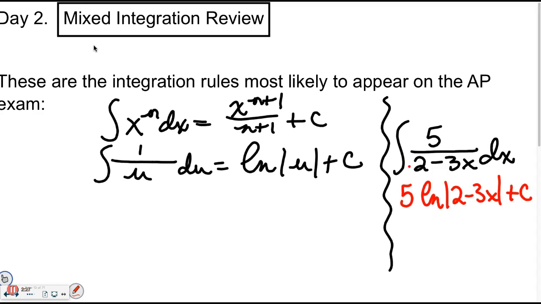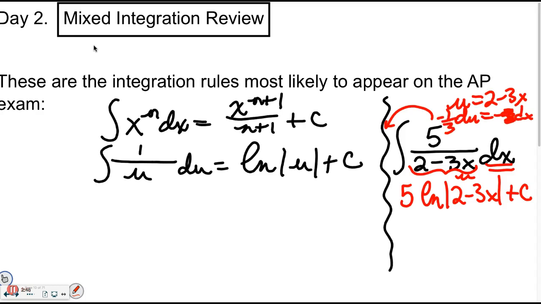Remember, if this is your u choice in the denominator, yeah, the 5 can come out front. Yes, you have 1 over u, but you have to generate the dx. So if your u is 2 minus 3x, your du is negative 3 dx. So make sure you have that negative 1/3 that comes out front. So watch out with that.